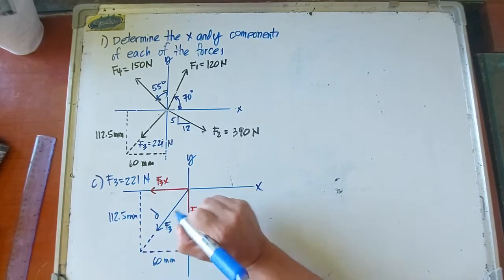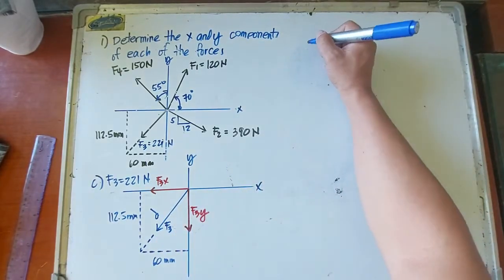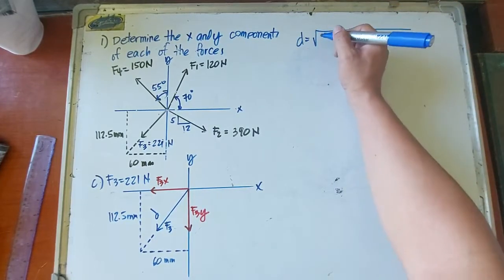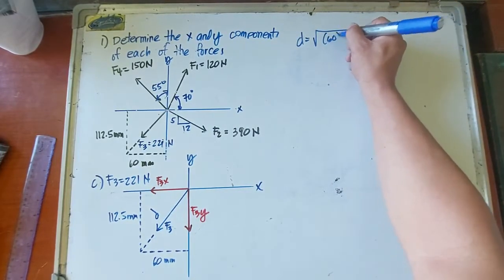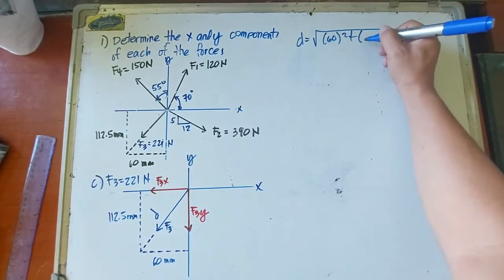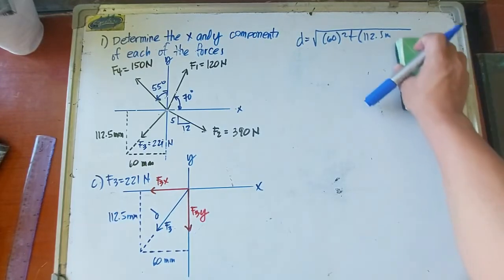So we can solve for the hypotenuse of the triangle D by Pythagorean theorem. So we have D is equal to the square root of 60 squared plus 112.5 millimeter squared.